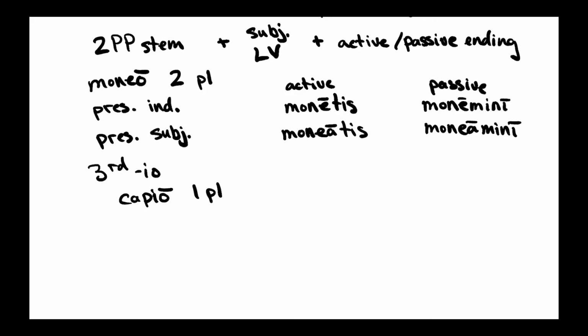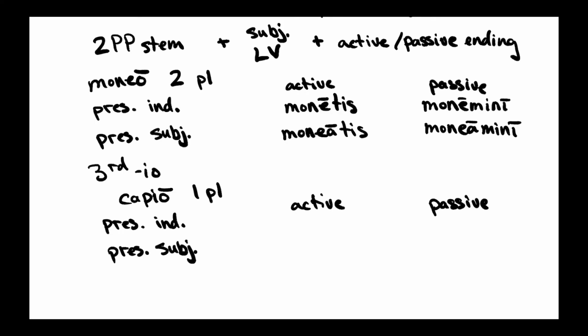And so we've got our present indicative for comparison to our present subjunctive. And again, we'll do active and passive.